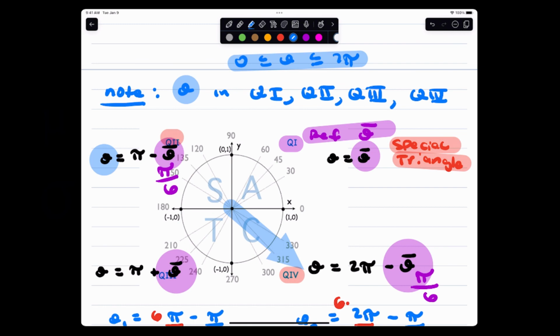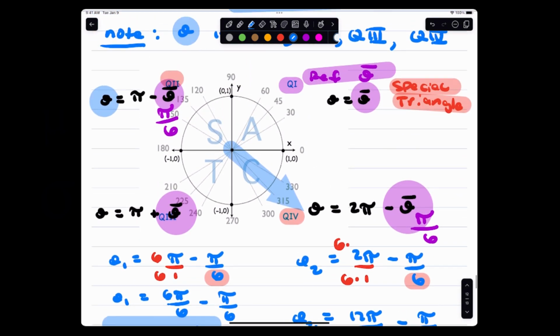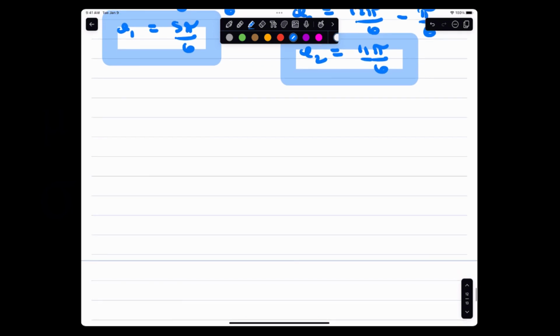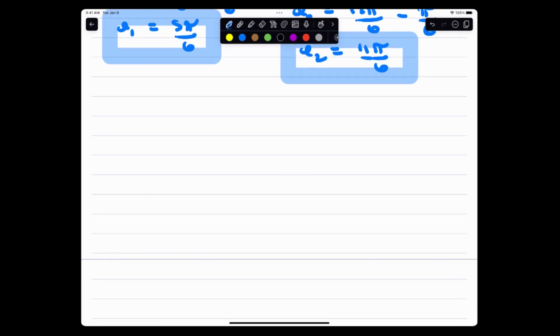And what that does for us, I'm looking for your textbook here. It gives us a nice way to do what? Find these two solutions.